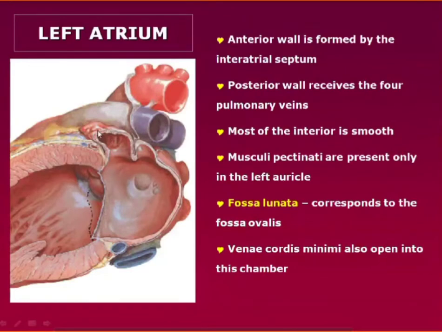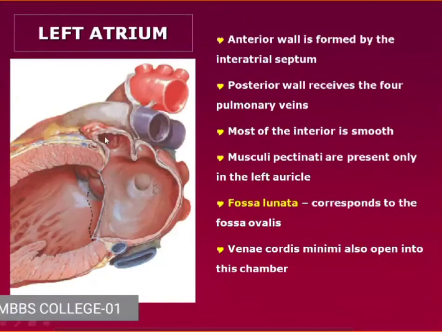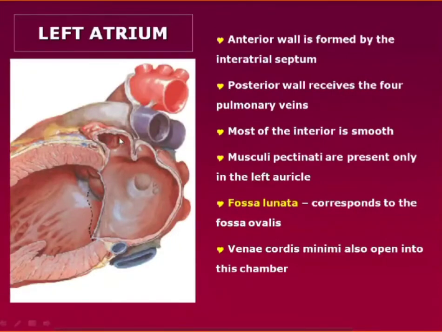The musculi pectinati you have seen in the anterior rough part of the right atrium, but in the left atrium the comb-like structures are confined only to the left auricle.